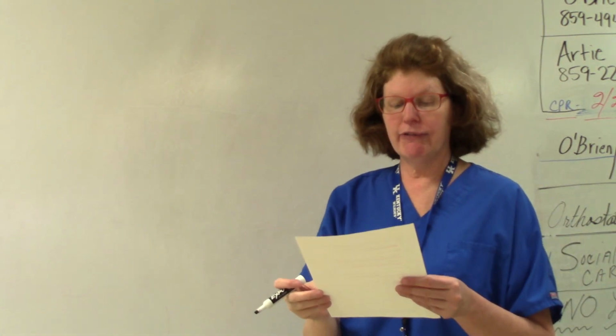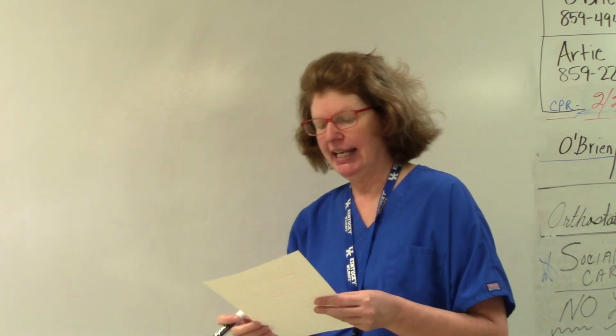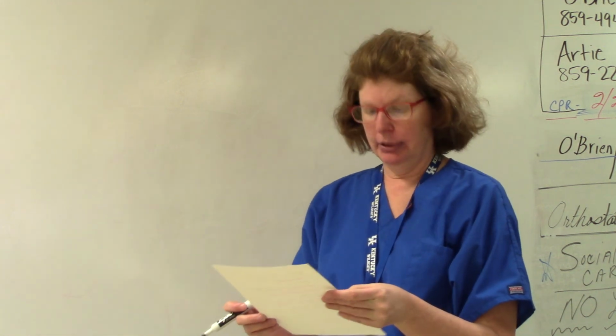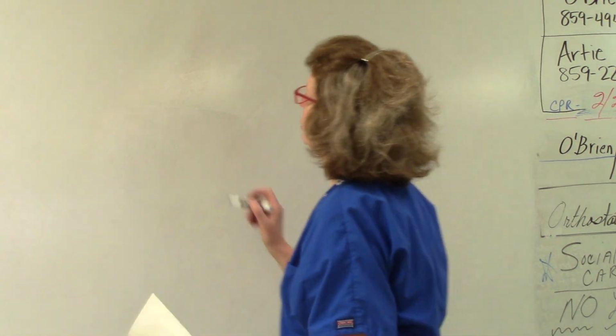So the fourth one said, infuse 500 milliliters of normal saline over the next 10 hours. And this one instructed me to use micro drip. So we know micro drip is always 60 drops per milliliter.